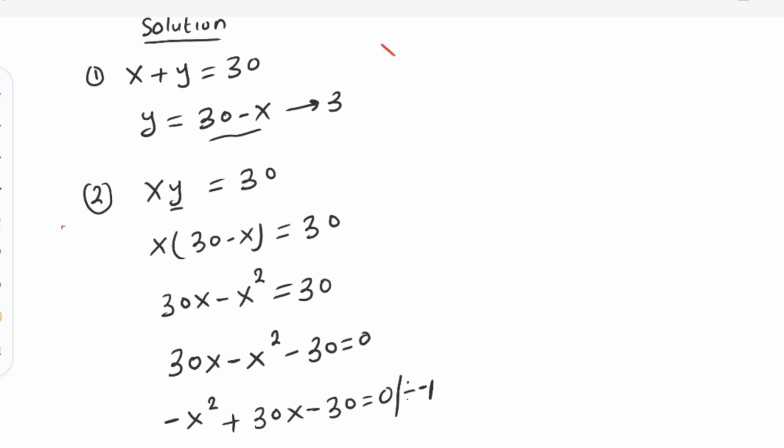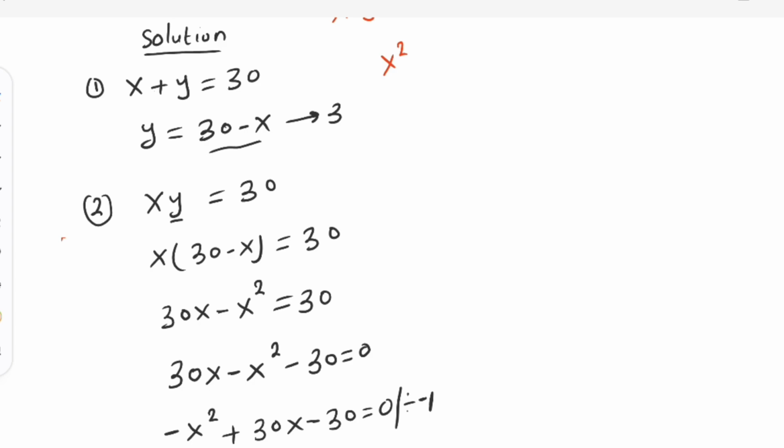This is x squared. Then 30x divided by -1. This is minus 30x. Then minus 30 divided by -1. This will be plus 30 is equal to 0.